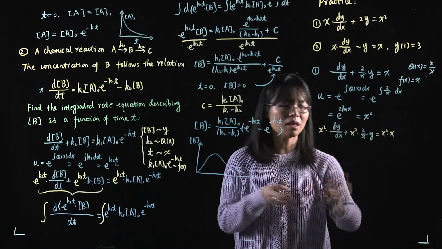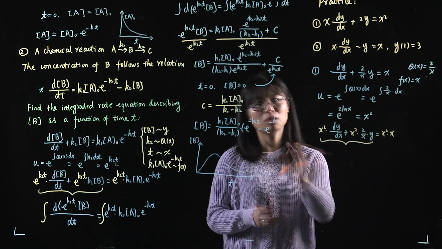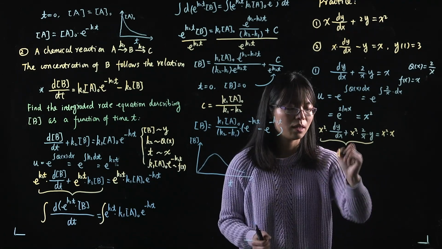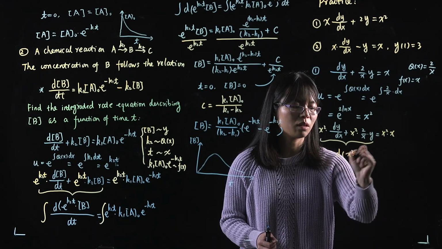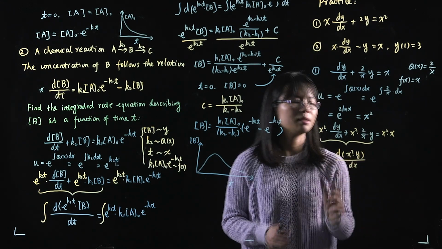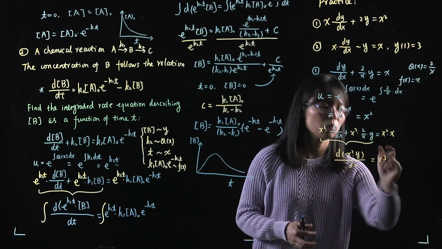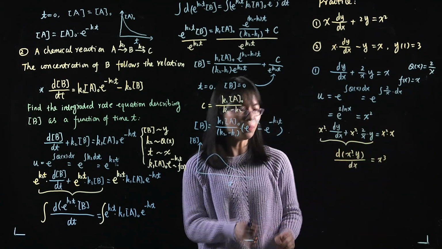For the left-hand side of the equation, do not worry about simplifying it, because the whole term should give us d(x squared times y)/dx. On the other side of the equation, we got x cubed. This is the portion you can simplify and do any organization.